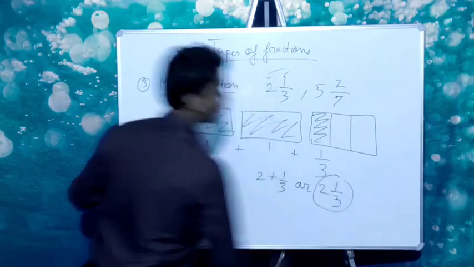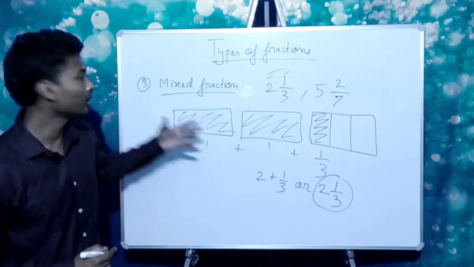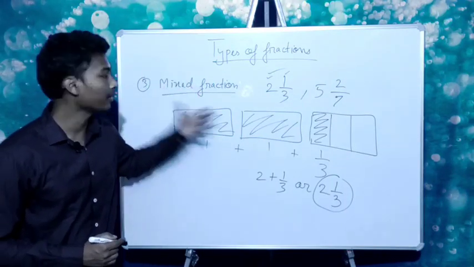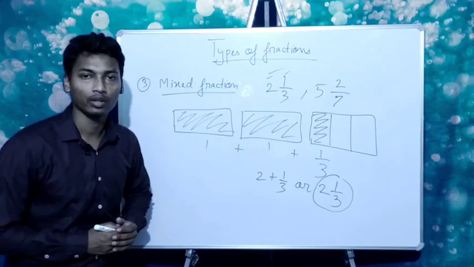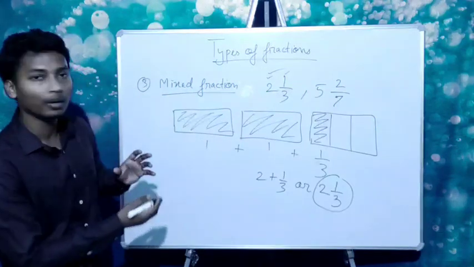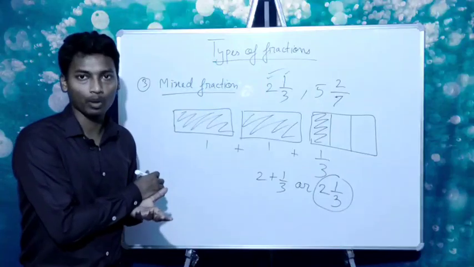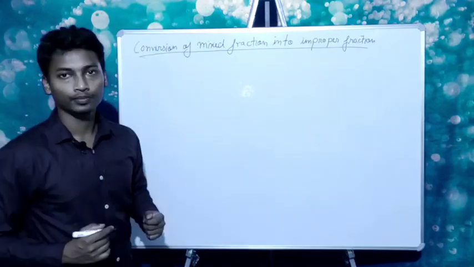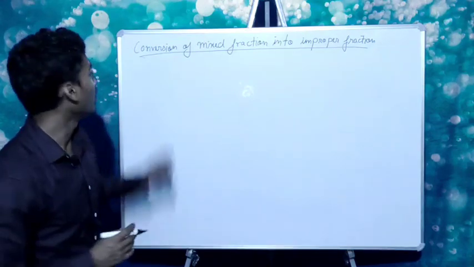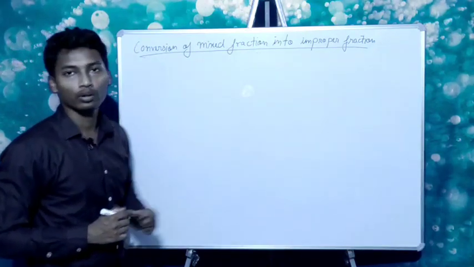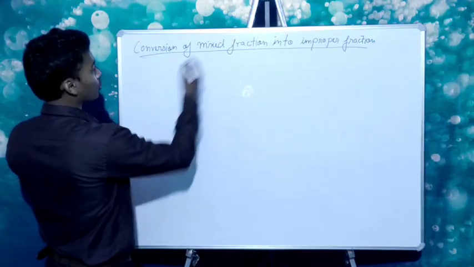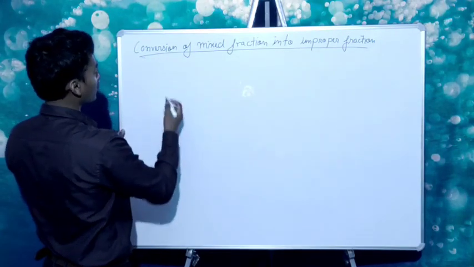Just now you learnt about improper fractions, right? The improper fraction is a result of a mixed fraction. It means we can convert mixed fractions into improper fractions. Let's convert a mixed fraction into an improper fraction.